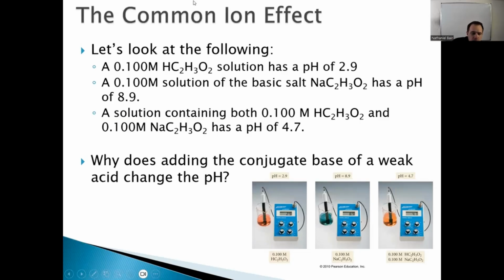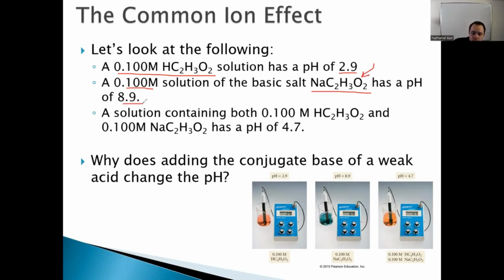All right, the common ion effect. This is really Le Chatelier's principle, okay? And predicting the pH of a buffer and where it's going to end up and all that good stuff. So if we take the pH of a 0.1 molar acetic acid solution, we get a pH of 2.9. If you get the pH of a 0.1 molar sodium acetate solution, remember that is a basic salt, okay?